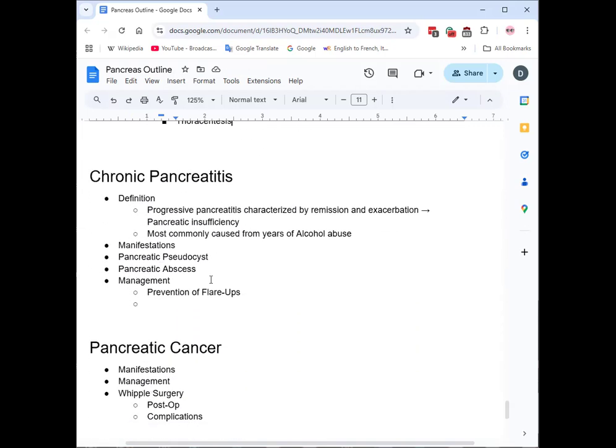For chronic, I remember, I don't know if they made you guys do this. Was it for pancreatitis? No, I think I'm thinking of 220, sorry. They made us do a practice test in 220 and it had the most insane question, I think it was for gallstones, for gallbladder, chronic versus acute gallbladder stuff.